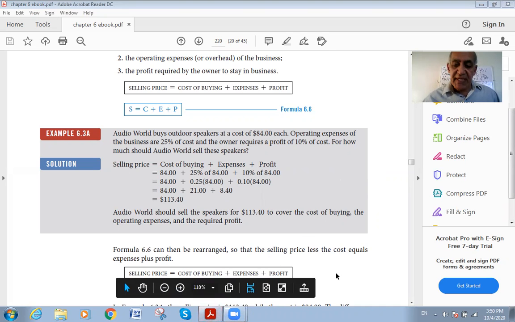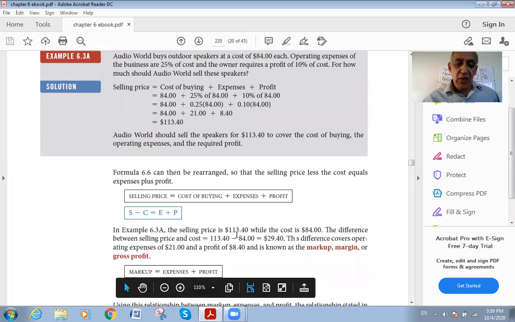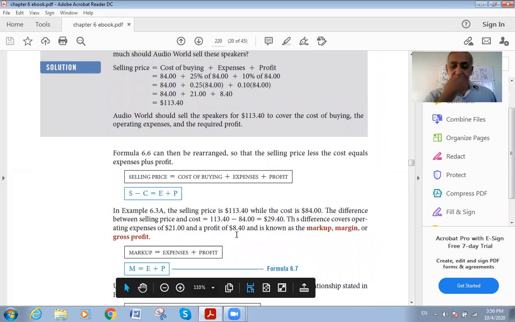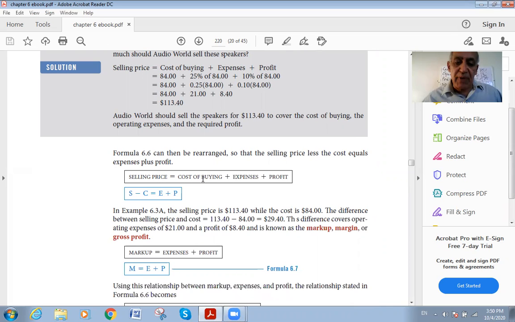Let's move to the second point, or the next point. What I'm saying here, we said that the selling price equals the cost of buying and the expenses and the profits. Okay. If I take the cost of buying and put it here, I will move the cost of buying to the left side of the equation.